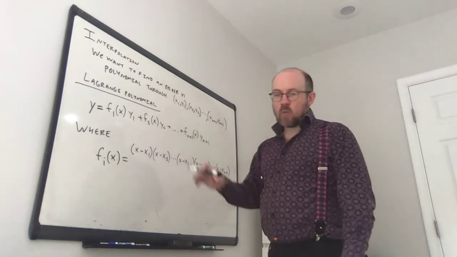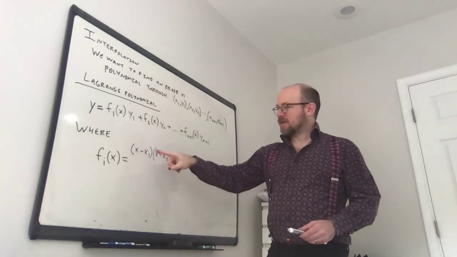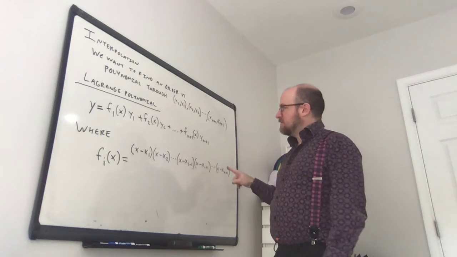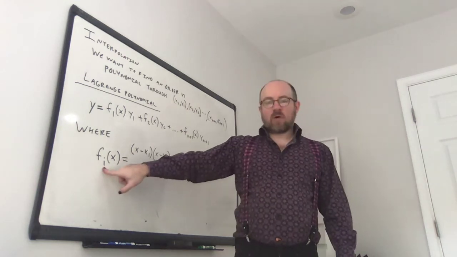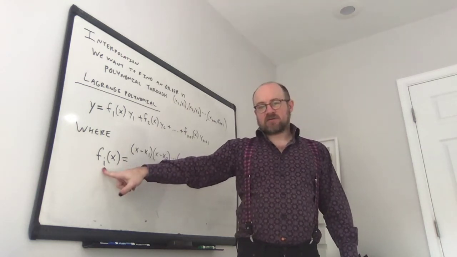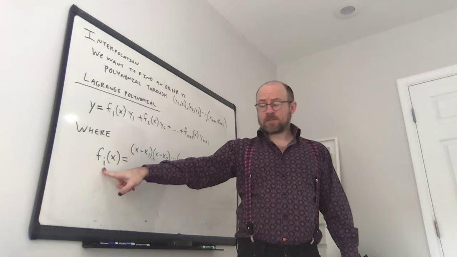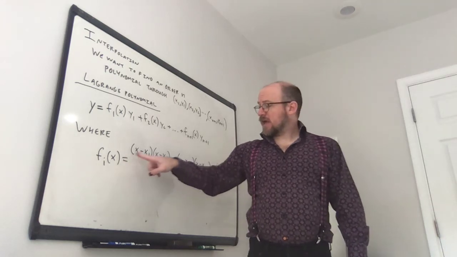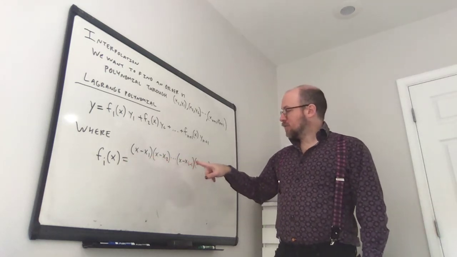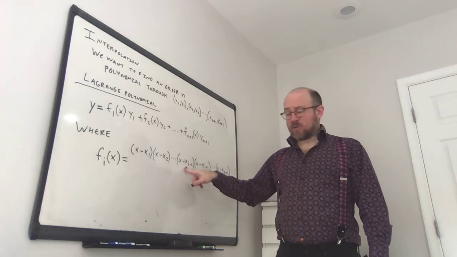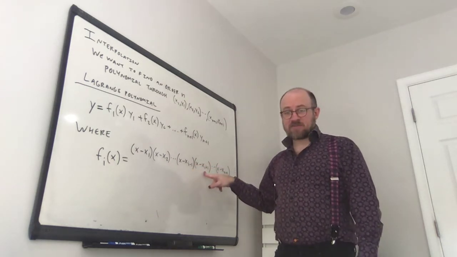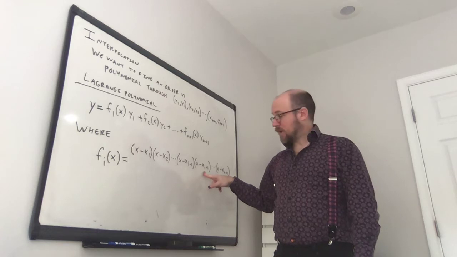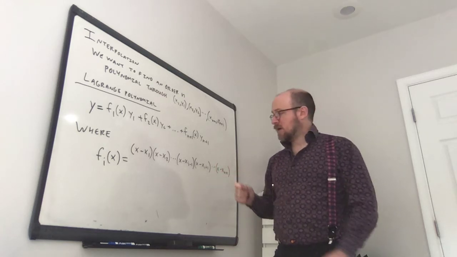Okay? So what I've got here is I've got an x minus xi for every single term except the one that matches this index. So we're skipping one of them. Okay? So we've got x minus x1, x minus x2, x minus xi minus 1, and then we skip right ahead to x minus xi plus 1. Okay? So we skip over that xi term.